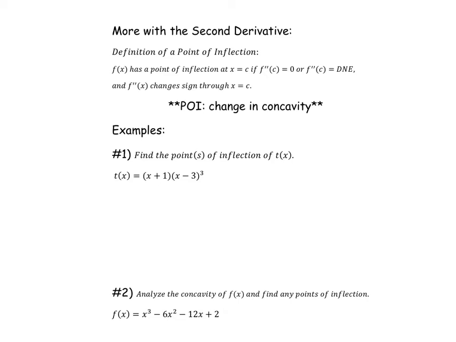Now this is all just formal definition for the fact that the function f of x is just changing its concavity. So it's changing from positive or concave up to negative or concave down.